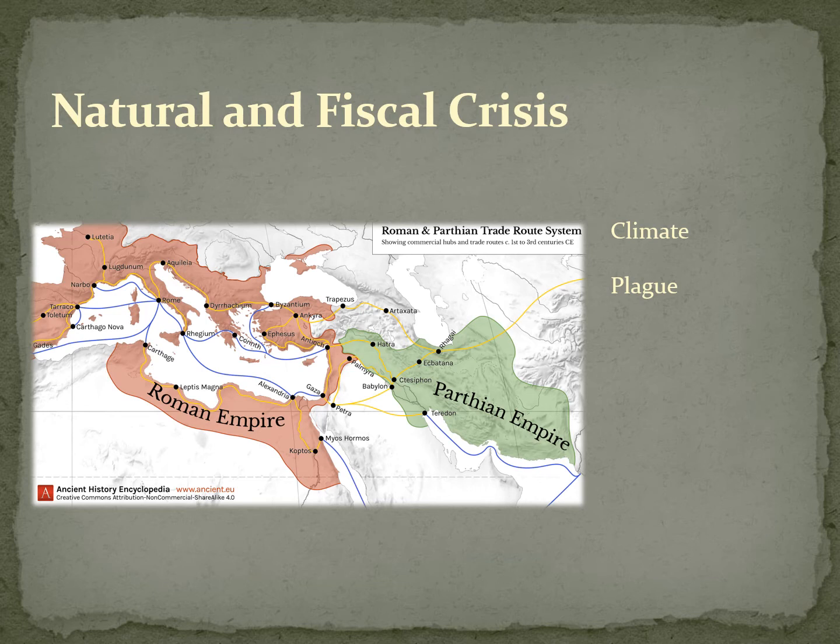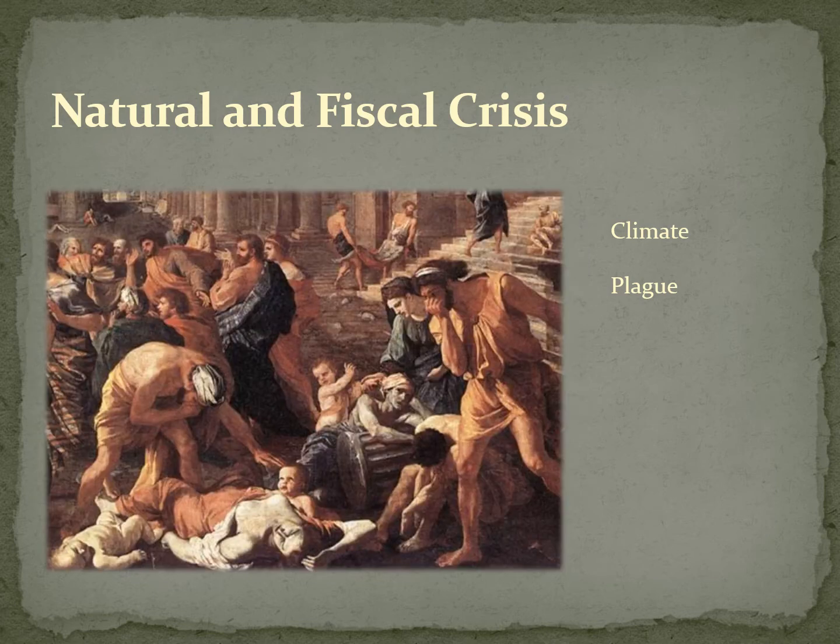And all kinds of contemporary accounts tell us that people were dying in the streets, that maybe 10% of the population died in these plagues. Alexandria supposedly was losing 5,000 people a day. And it was generally pretty devastating for the Roman population that was already suffering under some of the hardship that we've already mentioned.